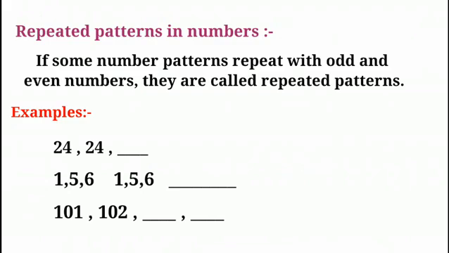Example: 24, 24, again 24. Next question: 1, 5, 6, 1, 5, 6, again 1, 5, 6. Next question: 101, 102, can you guess the next two numbers? Yes, 101 and 102.